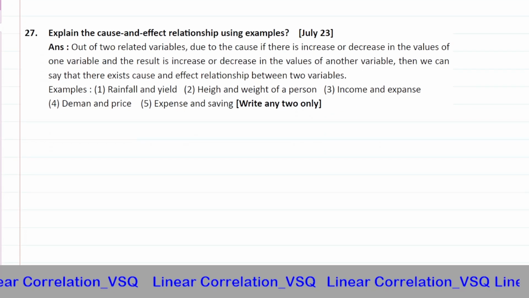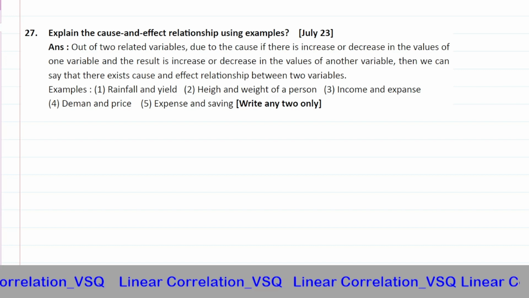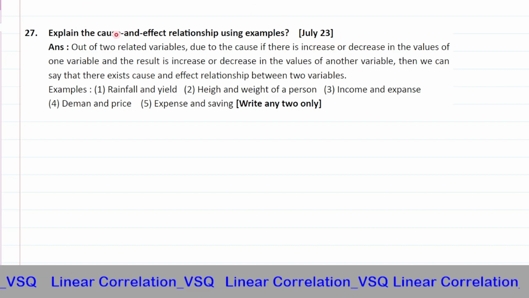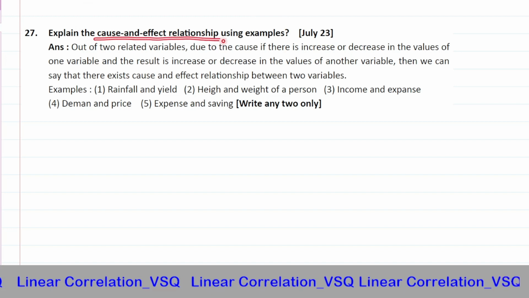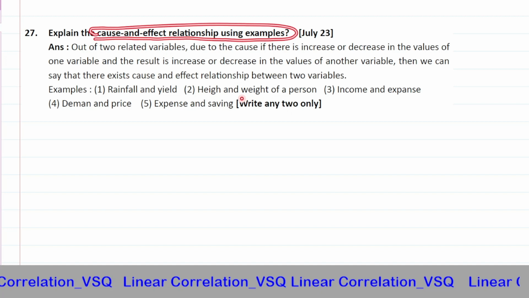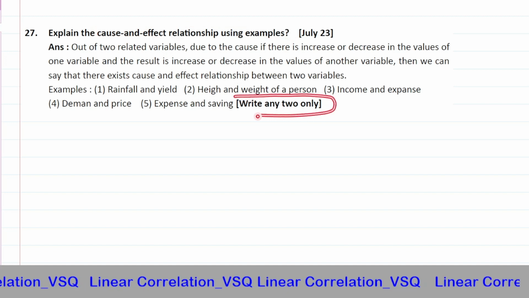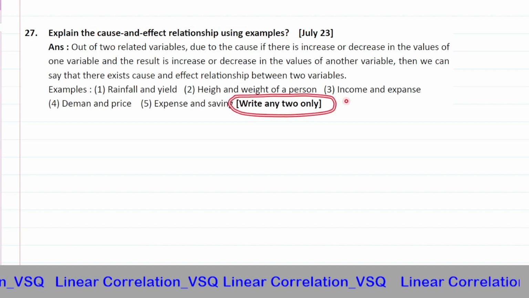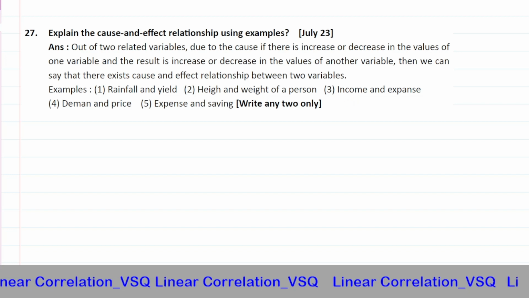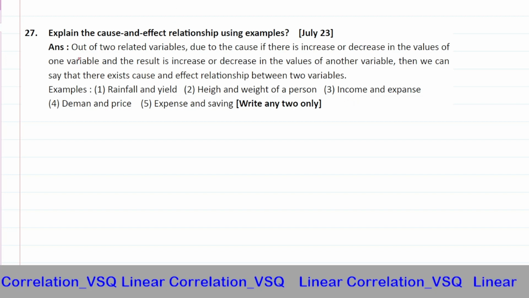Next question, question number 27, an important question, asked in July 23. Explain cause and effect relationship using examples. We have to write only two examples when the question is asked in a VSQ, but if it is asked in the C section, then we have to write more than two examples.